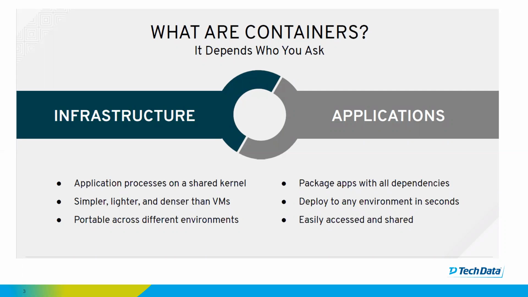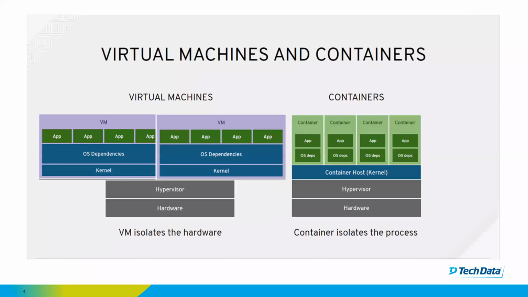They share the same underlying bits of the operating system. So you may see containers running different versions of a Linux OS, but because they're all Linux based, they can all run on that same instance of OpenShift. So now that we've touched containers, let's talk about virtual machines.